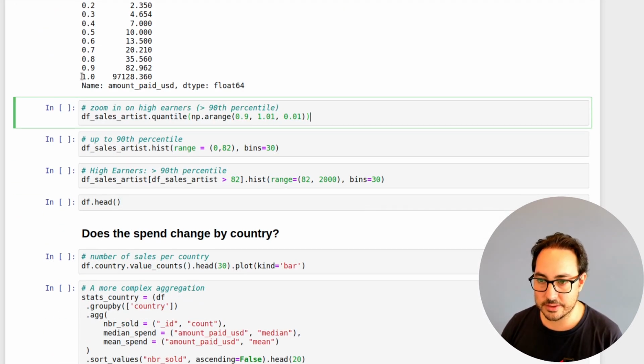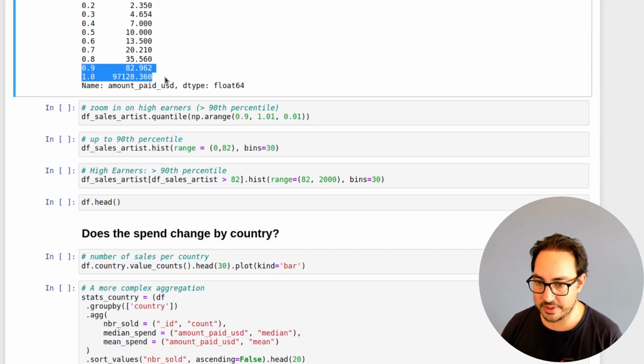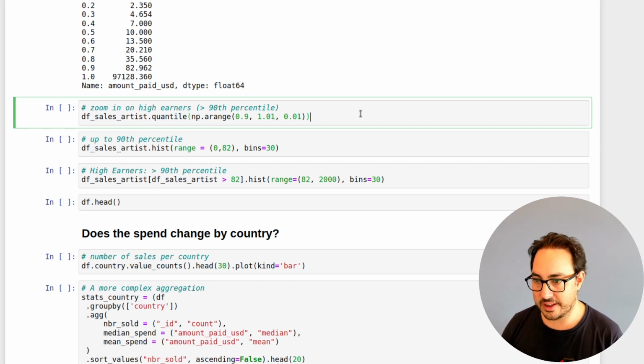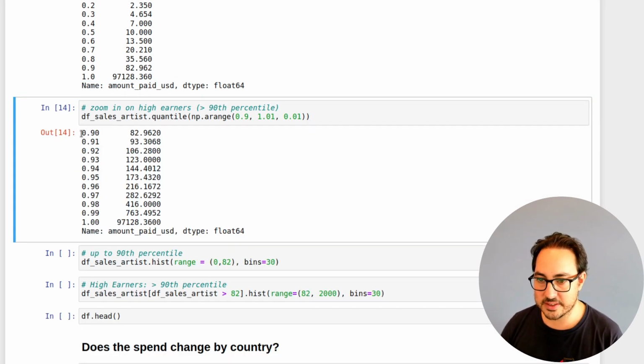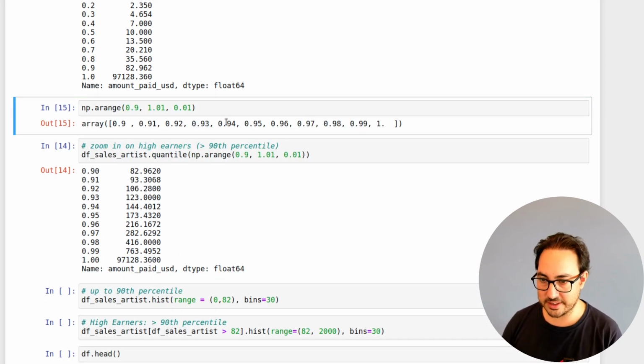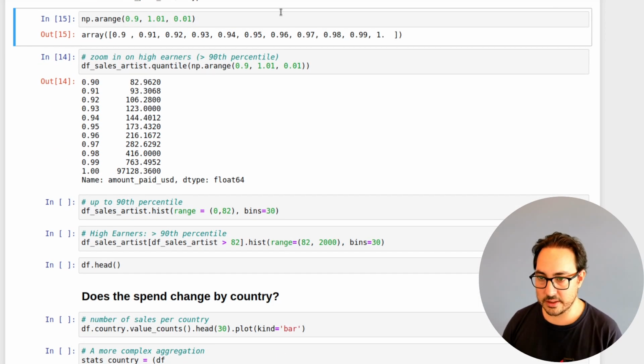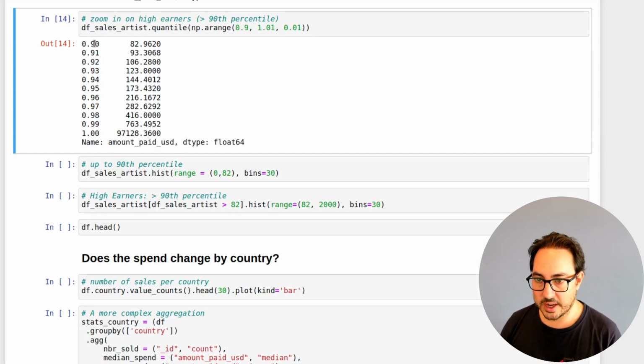How does the distribution look between these two deciles? If I start at 0.90 and go to 1 with a smaller step, that's what I'm doing here. I'm passing these breaks. So what I see is that in the 90th percentile, they start earning $82, but this starts growing, and it's a decent amount of money.